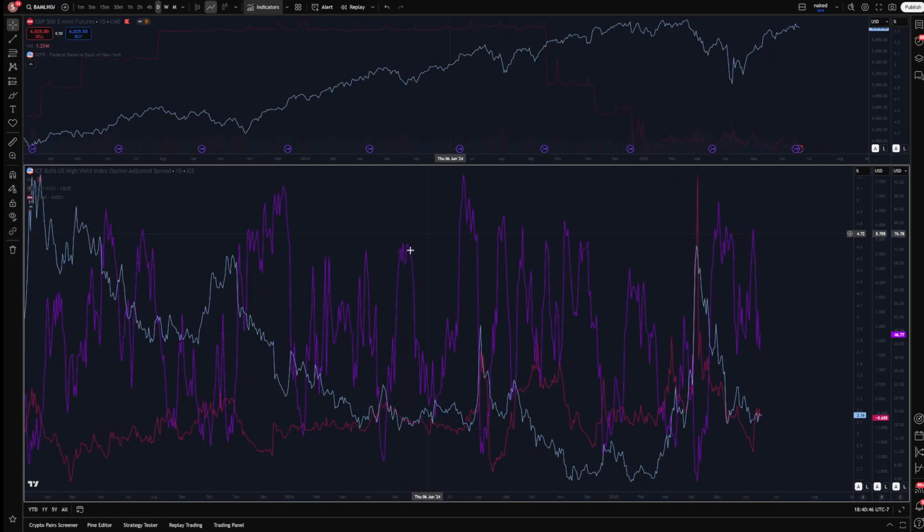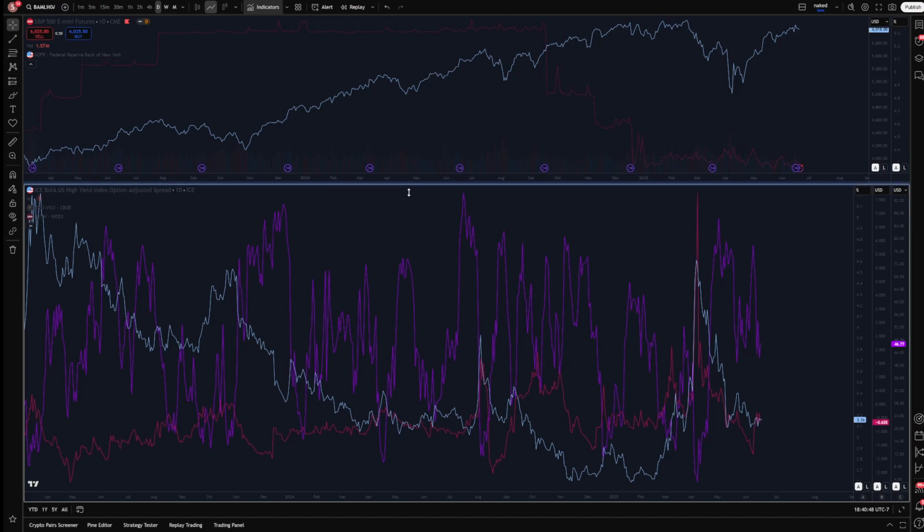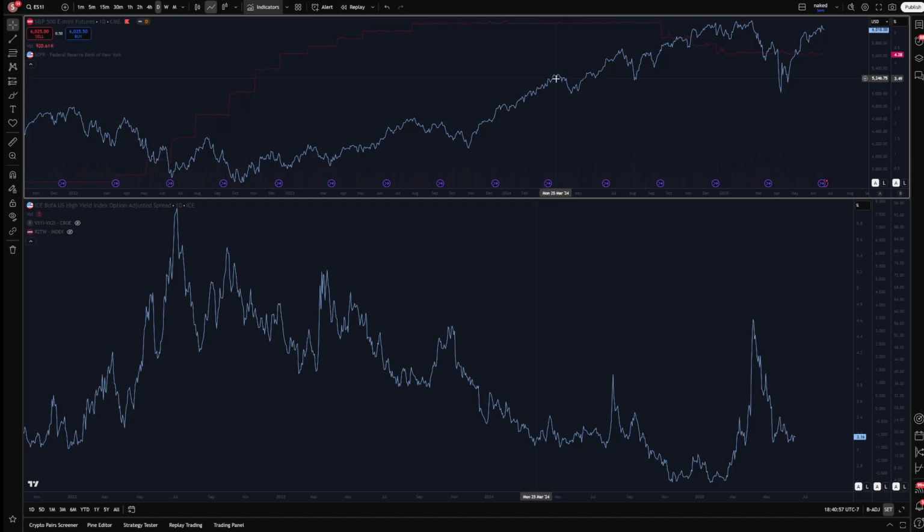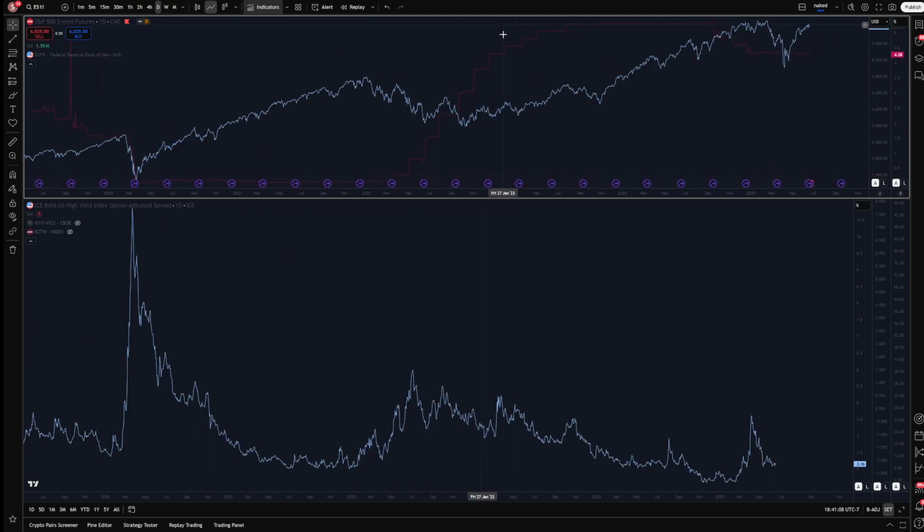One thing you'll notice about this, yeah, so just to recap, kind of in reverse order, this teal one up here is the S&P 500. I do have the interest rate behind it in a really dim red, just so I can remember when stuff happened.